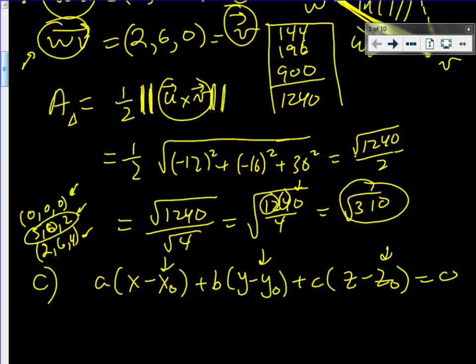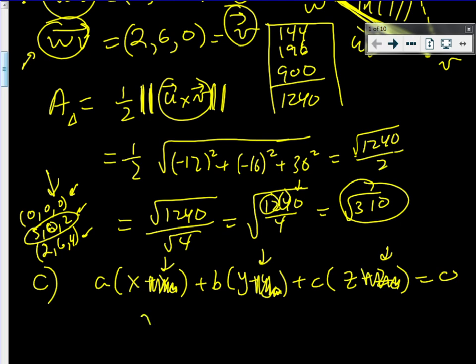But why not use the first point? Because x minus 0 is just x, y minus 0 is just y, and z minus 0 is just z.